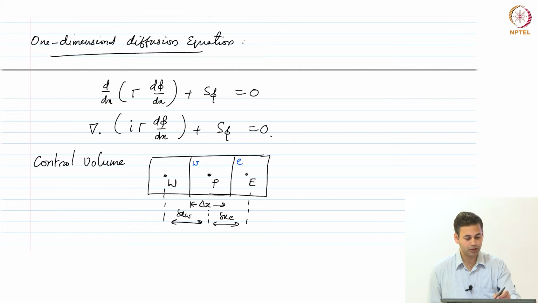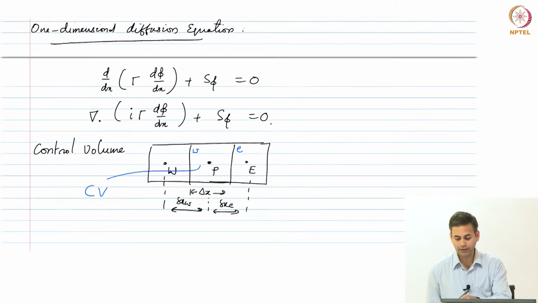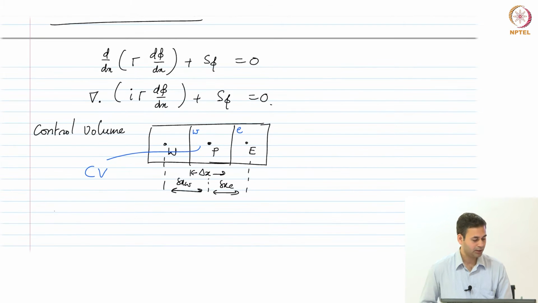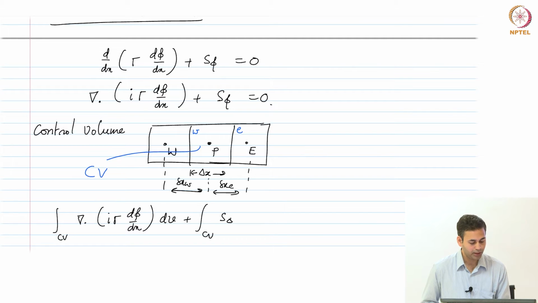Now the control volume we are focusing on is this one. This is the control volume. We will integrate our governing equation on this control volume as integral over the control volume of del dot I gamma d phi dx dV plus integral over the control volume of S phi dV equals 0.